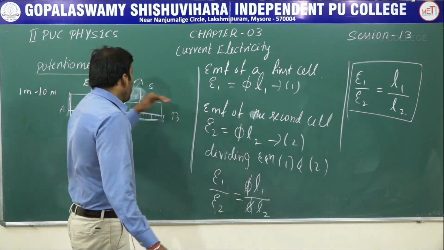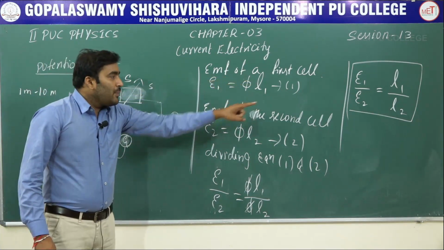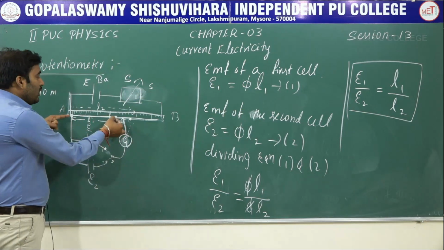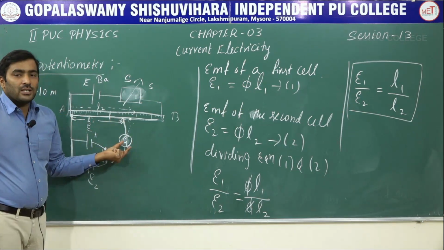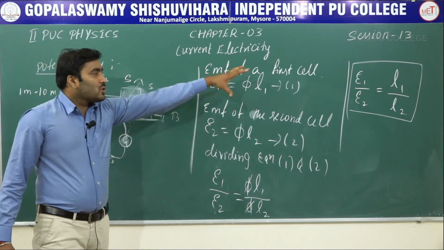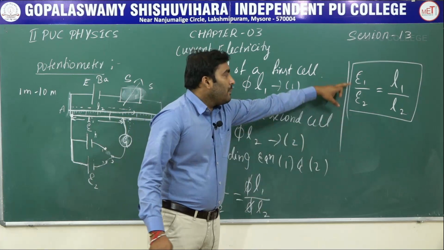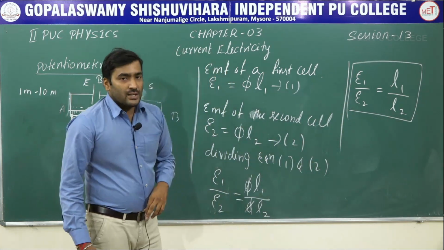So the ratio of the EMFs of these two cells can be written as L1 by L2, where L1 is the length of the portion where we get zero deflection in the galvanometer, and similarly L2. By measuring those balancing lengths, we can compare the EMFs of two cells.